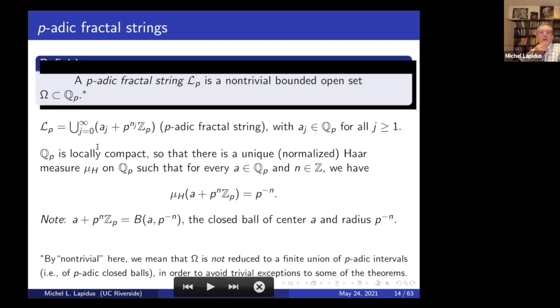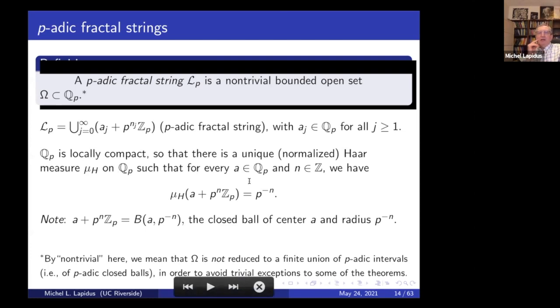Okay, Qp is locally compact. As we know, it's an additive group, so there is a unique positive measure on Qp, the Haar measure, normalized so that the Haar measure of Zp, the unit ball, is equal to 1.